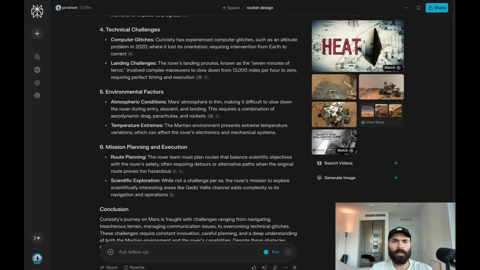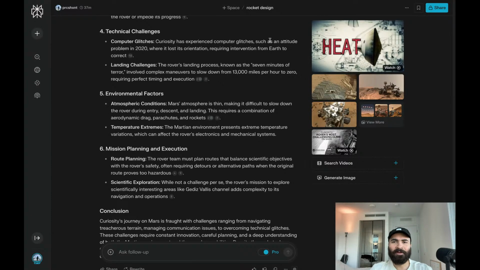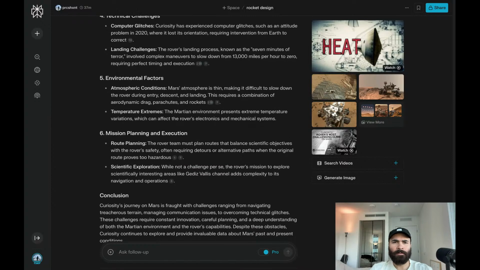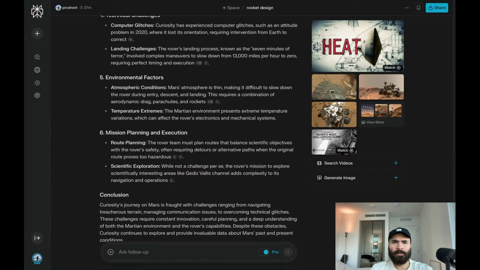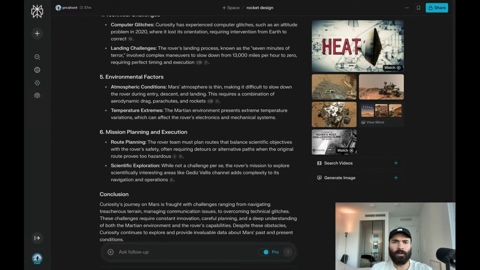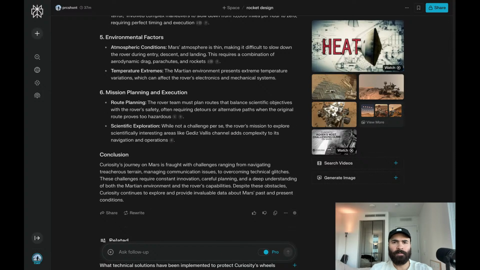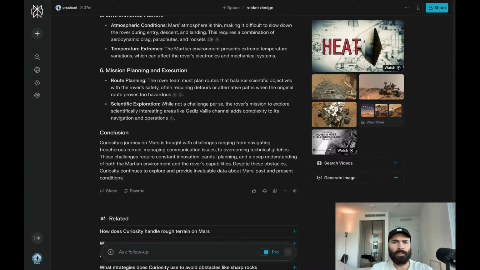Experience computer glitches such as an attitude problem, attitude or altitude problem in 2020, where it lost its orientation, requiring intervention from Earth to correct. The 7 minutes of terror involved complex maneuvers to slow down from 13,000 miles per hour to zero, requiring perfect timing and execution. Mars' atmosphere is thin, making it difficult to slow down the rover during entry, descent, and landing. This requires a combination of aerodynamic drag, parachutes, and rockets.